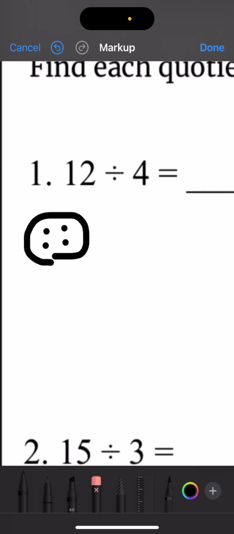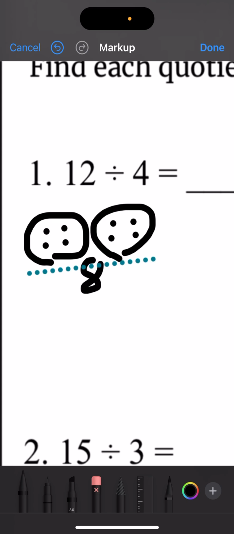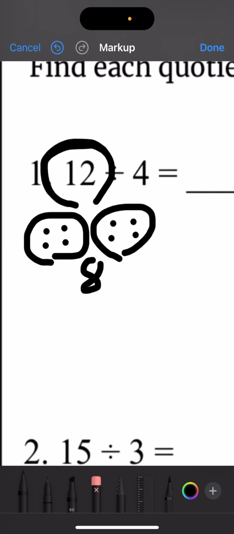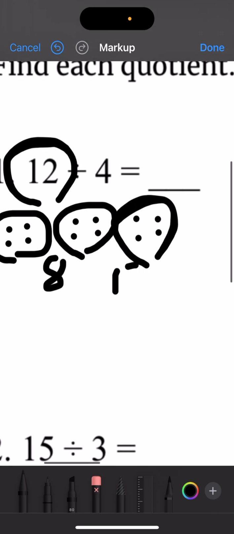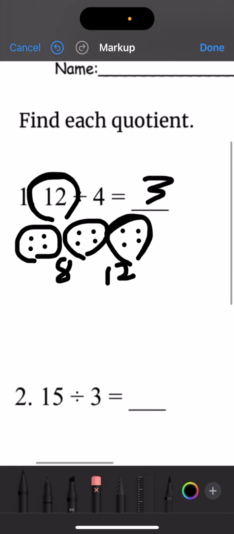This is one group of 4. 1, 2, 3, 4. Two groups of 4s, and these add up to 8. But we have to have 12. So if you do another set of 4s, that gives us 12 in total, and that is 3 groups.